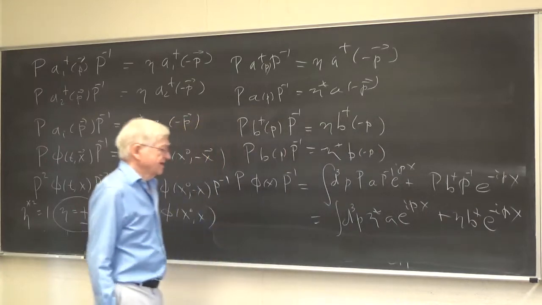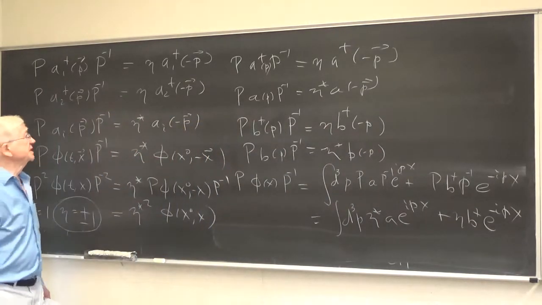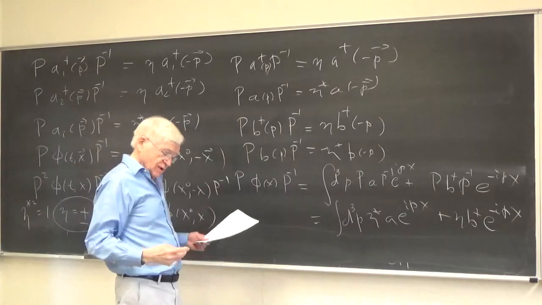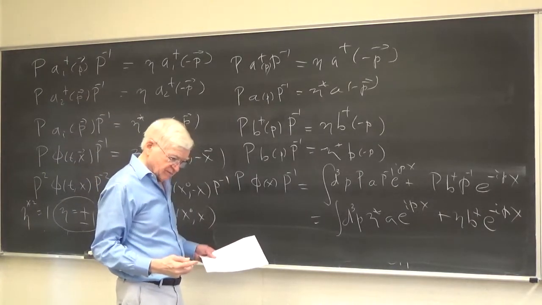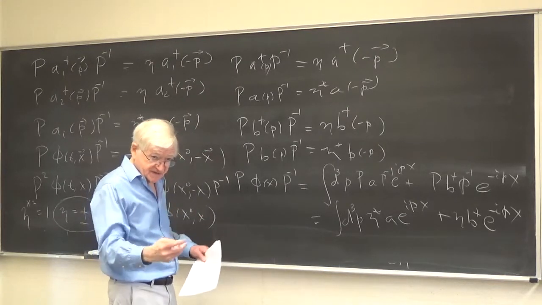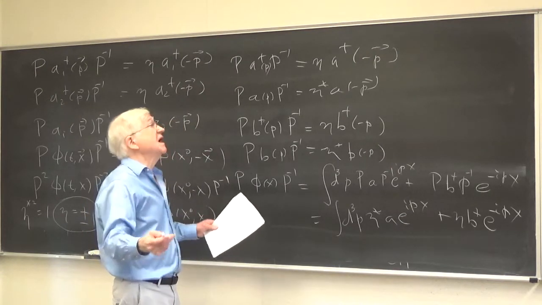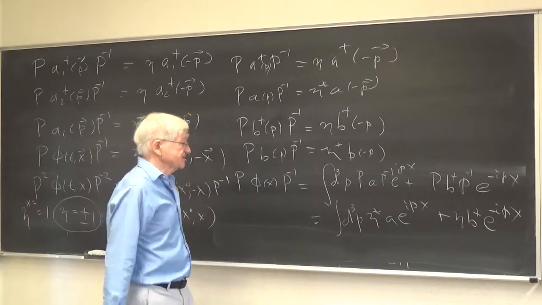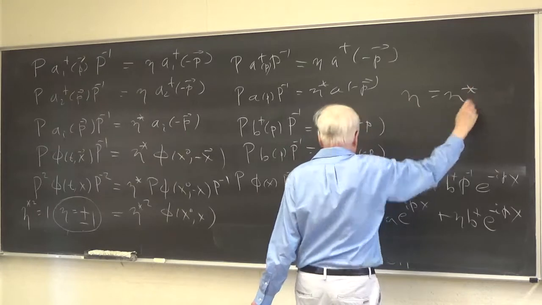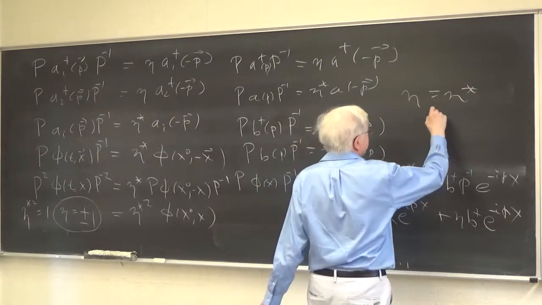So the conclusion that I come to is that if we want to think of the complex scalar field as a linear combination of two equally massive Hermitian fields, then what we need is that eta is equal to eta star. In other words, eta is real.